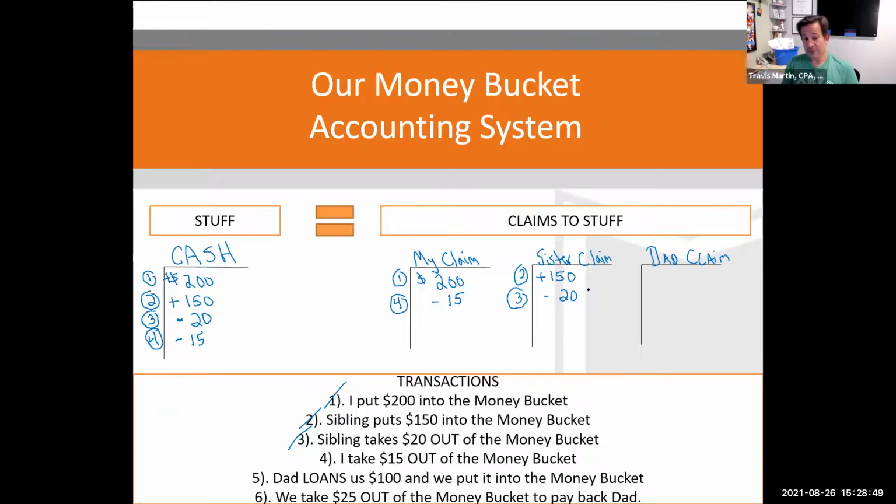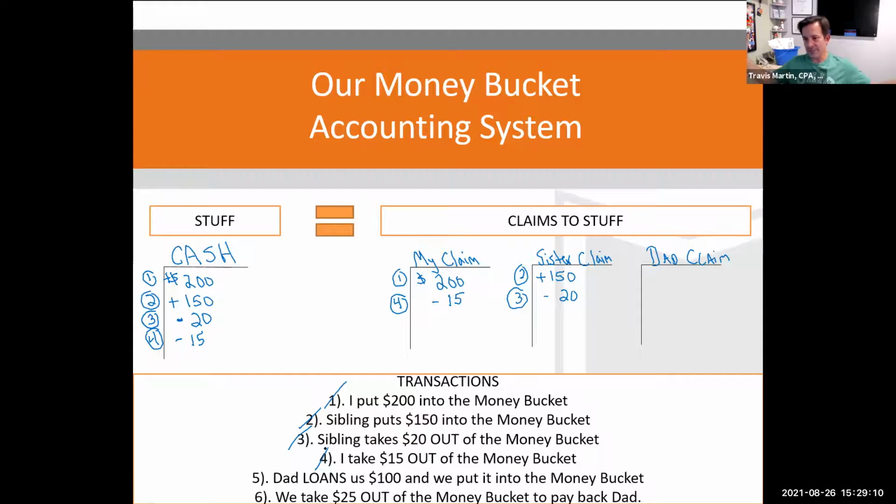My sister's claim is 130. 185 and 130 is like 315, I think, if you add those together. So our cash bucket has 315 in it. The equation is in balance after every transaction because we're doing plus on both sides, and minus on both sides in those cases.